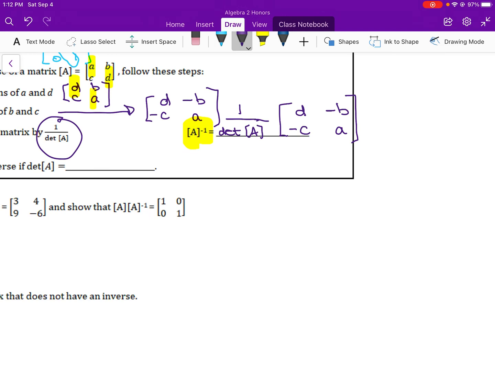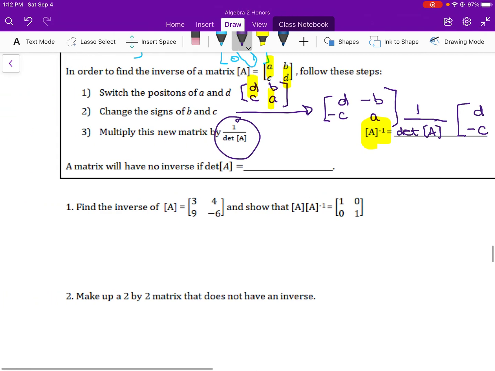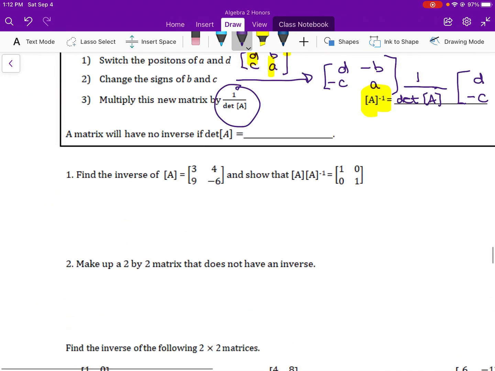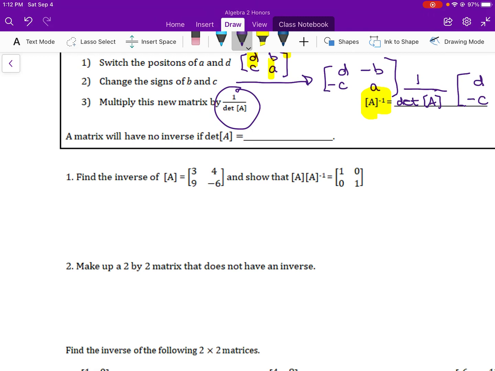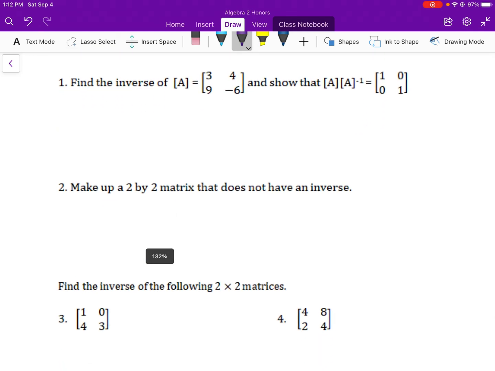That's going to give us our inverse matrix. Oh, and I should say that a matrix will have no inverse if its determinant is 0. So if the determinant is 0, then we won't be able to find its inverse. Just a little note to make there.